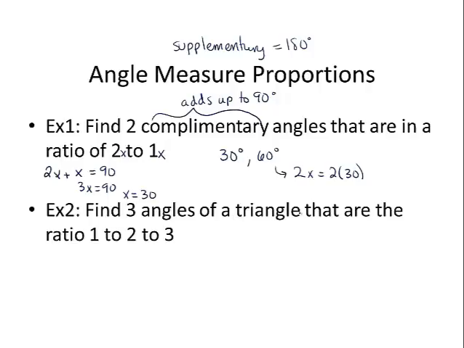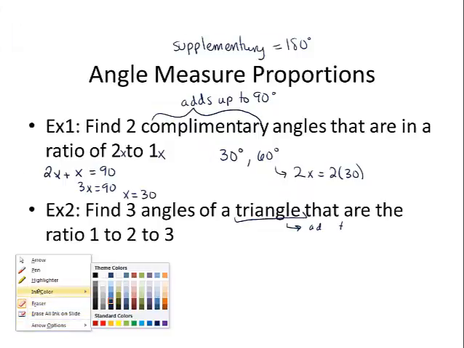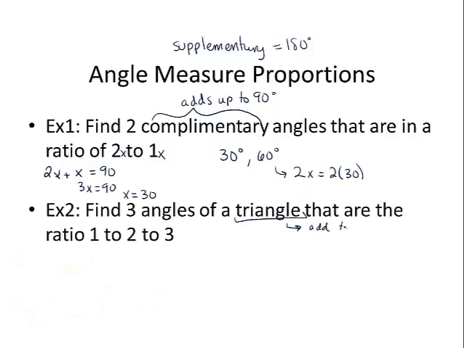Okay. 3 angles of a triangle. Remember again that triangles add up to 180. Okay, so triangle also adds to 180, so I have 1x to 2x to 3x.